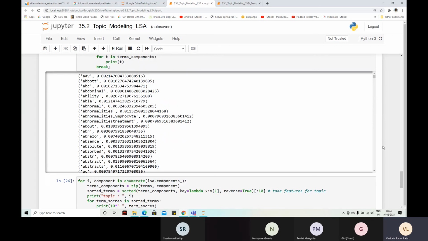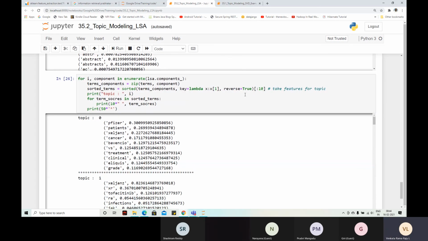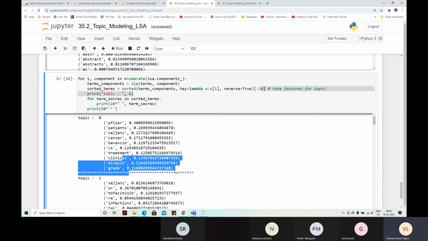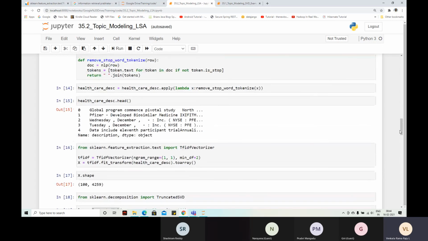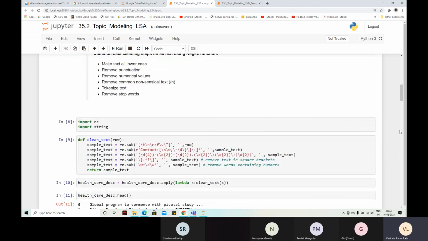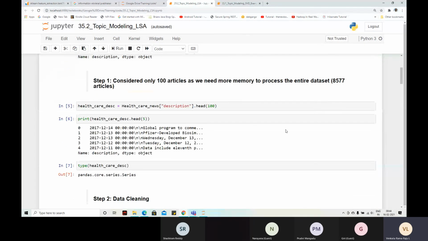So there are scores, and we have taken 10 only, and this is on a healthcare data set. It is talking about Pfizer, patients, some medicine, cancer. I think we took maybe 100 documents there, because when we took huge data, it was not working.